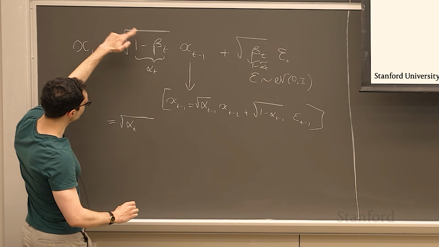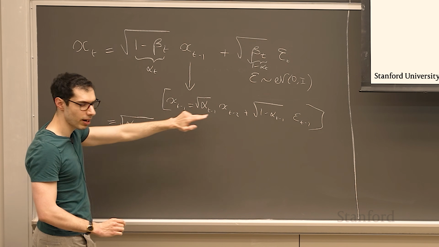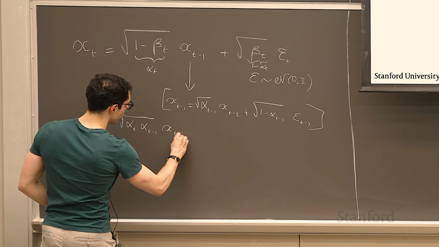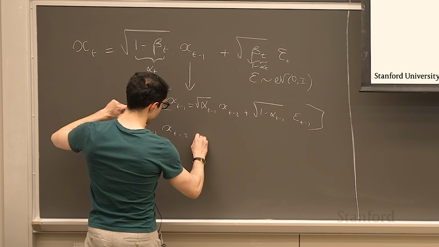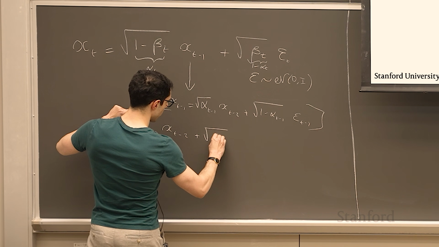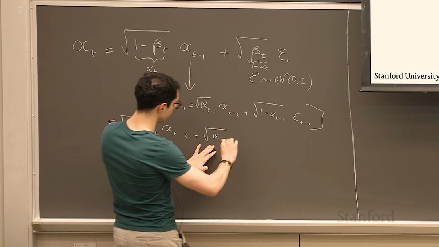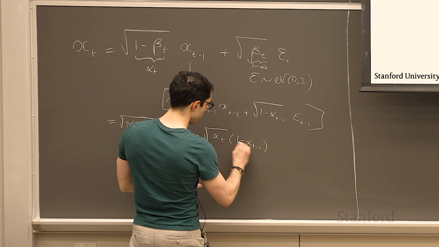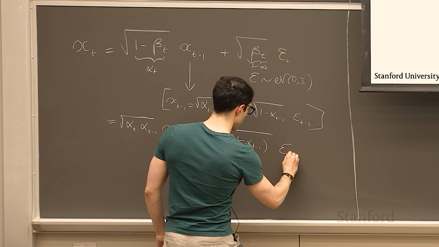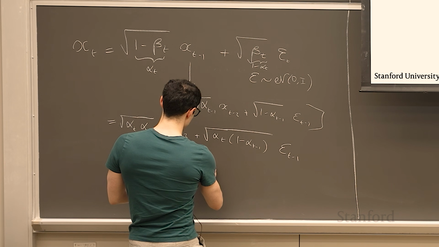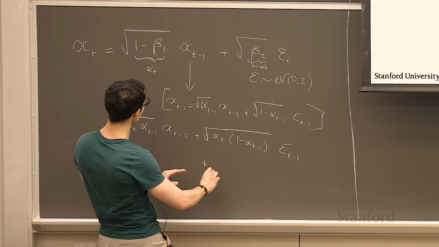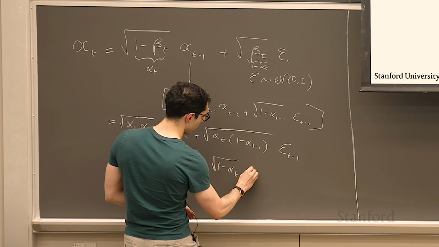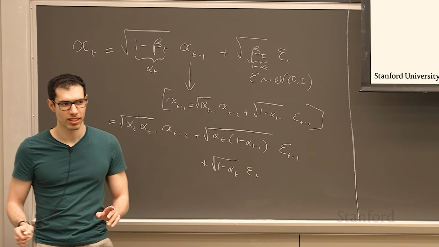So it's square root of alpha t times square root of alpha t minus 1 times x t minus 2, plus square root of alpha t times square root of 1 minus alpha t minus 1 times epsilon t minus 1, plus, by the way, I'm just doing some very basic math, square root of 1 minus alpha t times epsilon t. So far, so good?